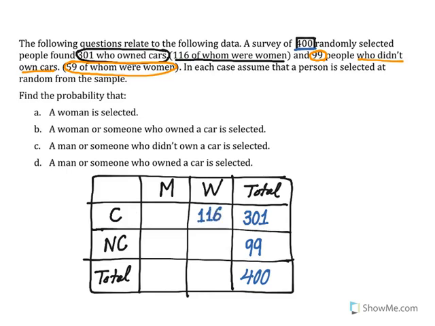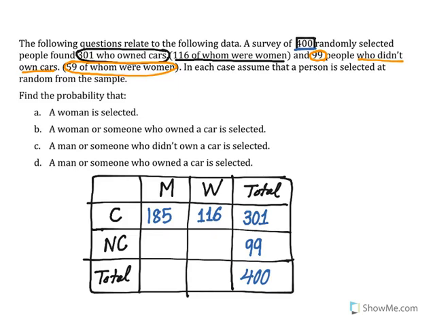And so since the total is 301 and there are 116 women that own cars, to get this one, you just subtract 116 from 301 and you will get 185 men who own cars. And the same thing for the ones who don't own a car.